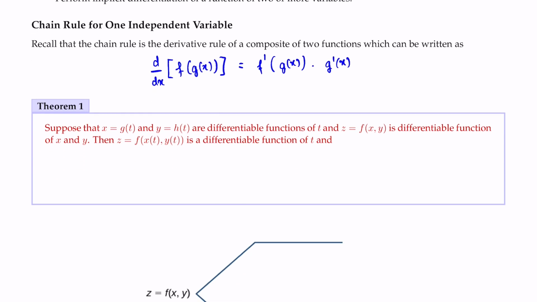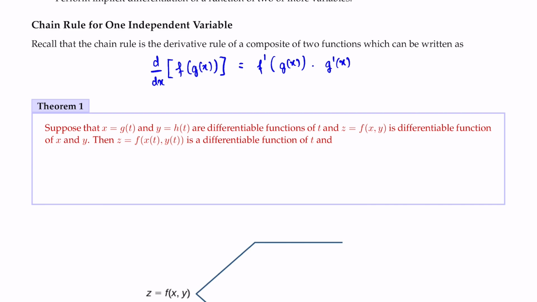Now we move on to more complicated situations. In this case, x is equal to g of t and y is equal to h of t are differentiable functions of t, and z is equal to f of x comma y. So z is a function of two variables, but each variable depends on the parameter t.